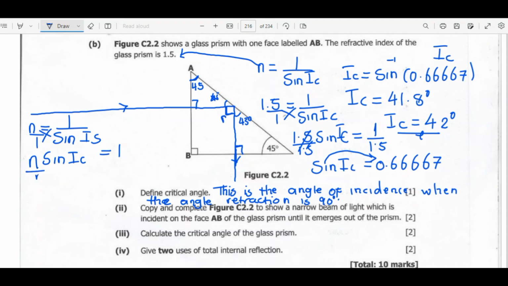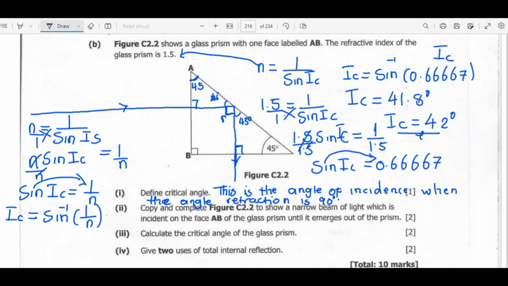So we divide by n, also here by n, so that if we cancel, we'll have sine of critical angle is equal to 1 over refractive index. So we shift this one to this side. We have IC is equal to the inverse of sine of 1 over n. So this is the formula to use for critical angle, where the critical angle is the subject of the formula.